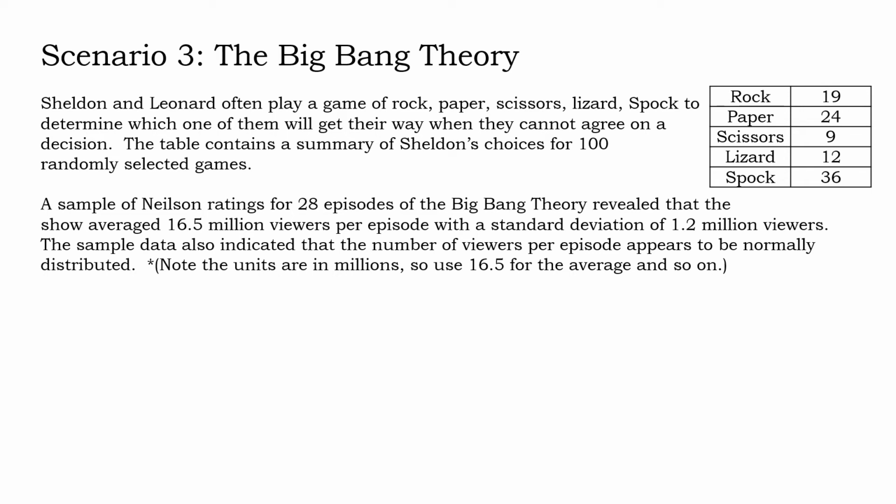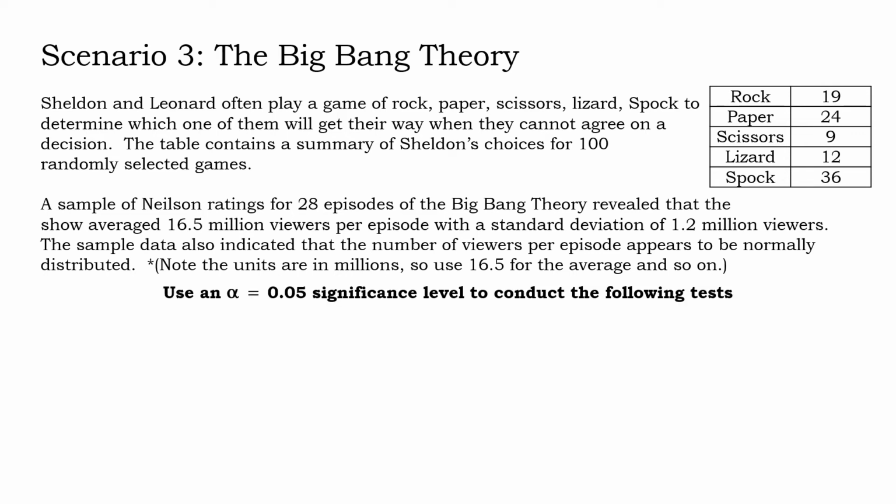So we're going to answer some questions about Sheldon's strategy and the Nielsen ratings. Now, important on the ratings here that you notice the units. The average we're given of 16.5 million viewers, that is in millions. So 16.5 would represent 16.5 million. And that's going to come in really important when we go to do the math.